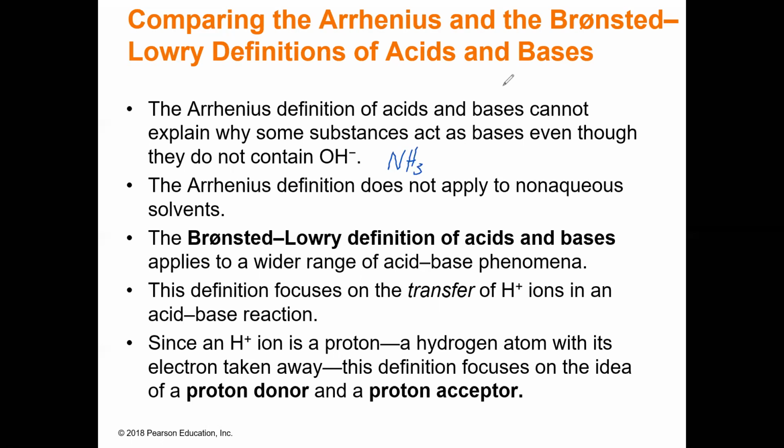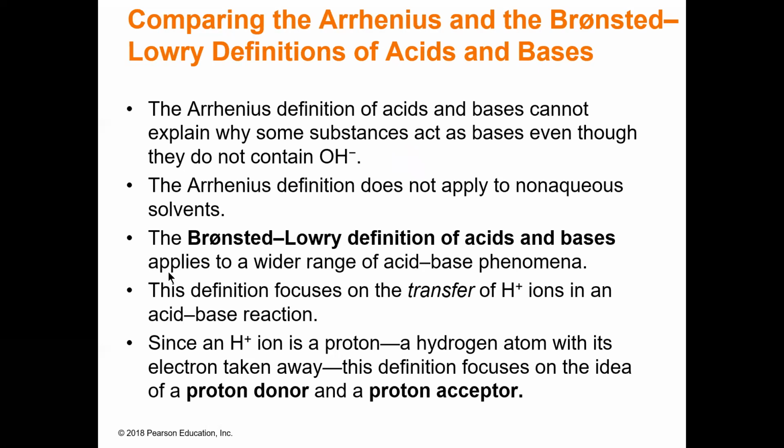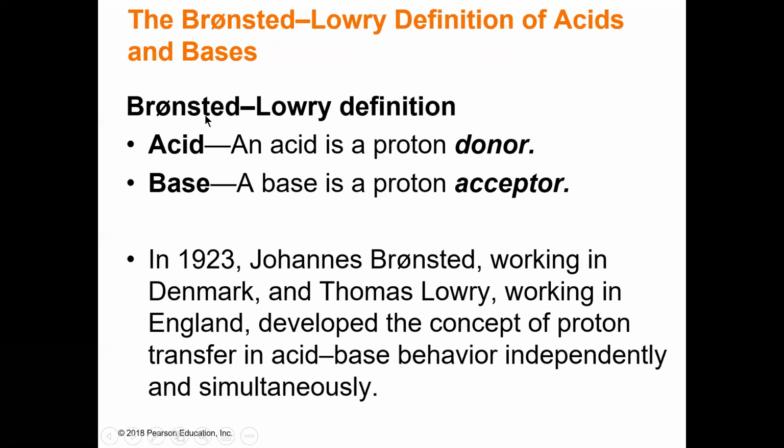How the Bronsted-Lowry definition differs is that instead of thinking of an acid as something that produces H plus and a base as something that produces OH minus, we think about the transfer of the H plus. And the H plus again is considered a proton.